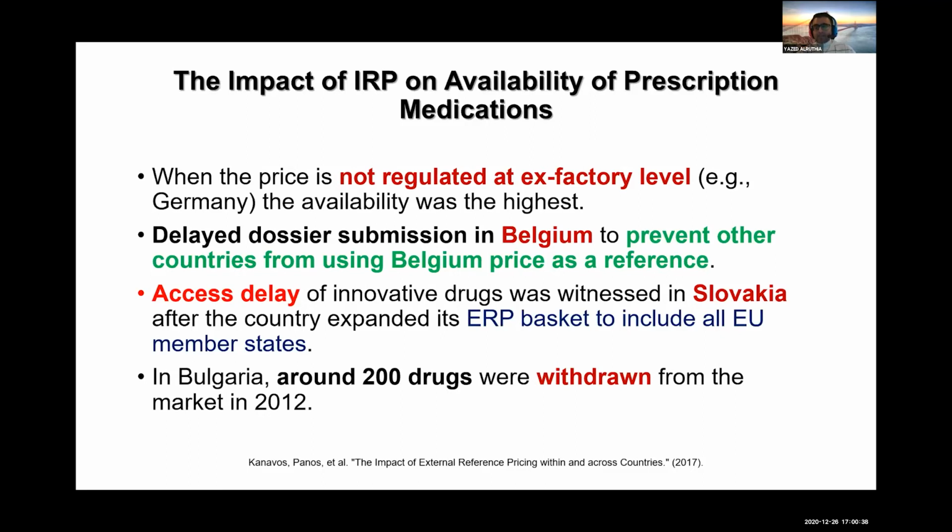So multinational companies use price and market access sequencing, and they delay accessing the Belgian market because they know if they access the Belgian market, it will result in lower prices, and then it will impact their access to different European and other high-income countries' markets.